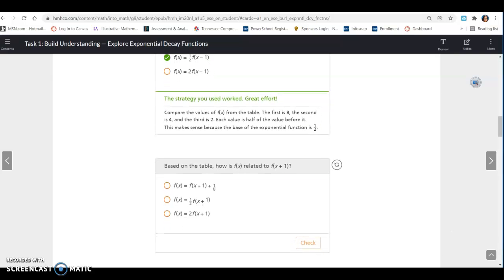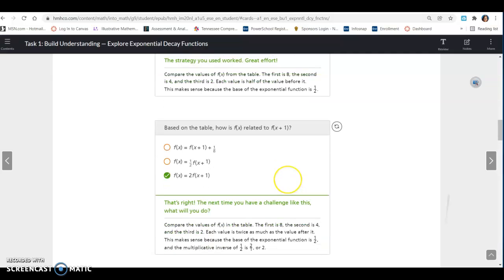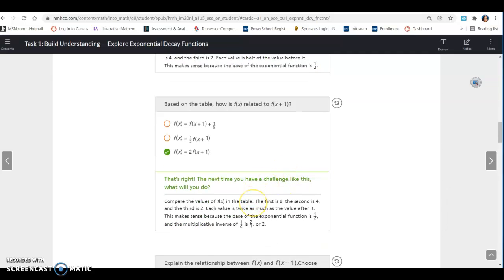Alright, based on the table, how is f of x related to f of x plus 1? Alright, so this is going to switch it. So now it's going to be twice if you go in the other direction. If you go in one direction, 8, 4, 2, you're half in those numbers. But if you add 1 to x, then it goes up. So each value is twice the value after it.